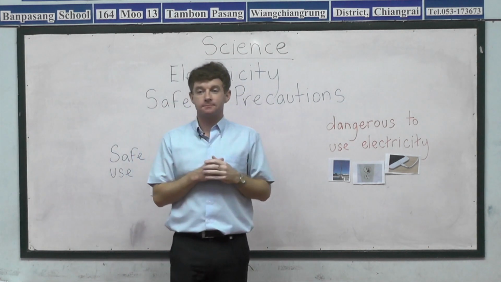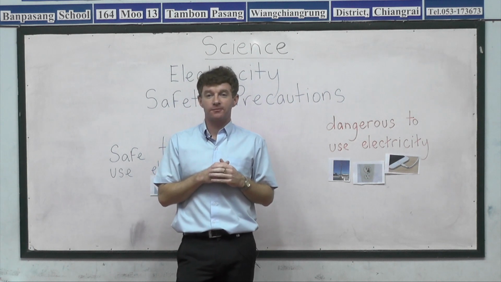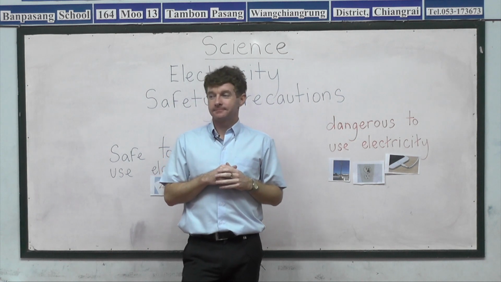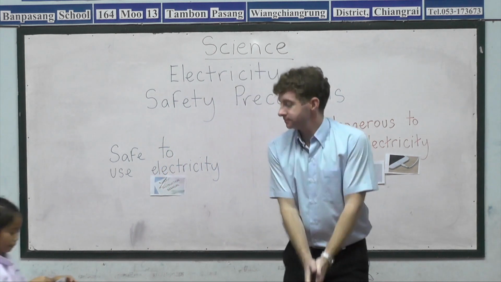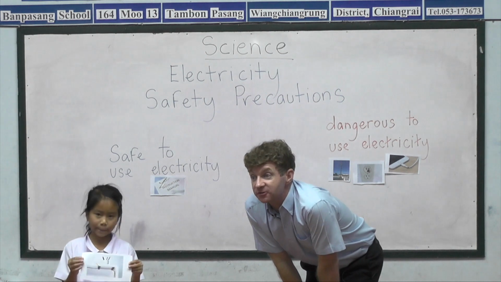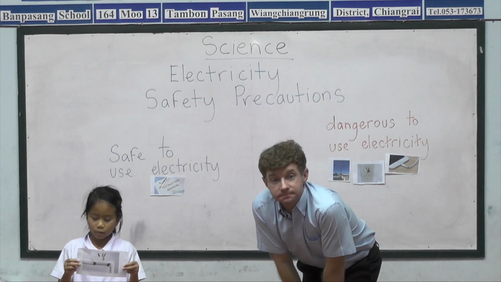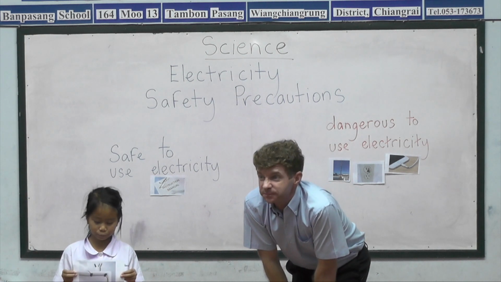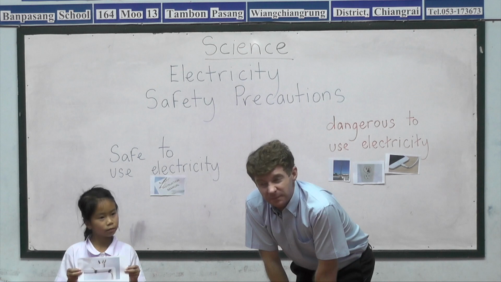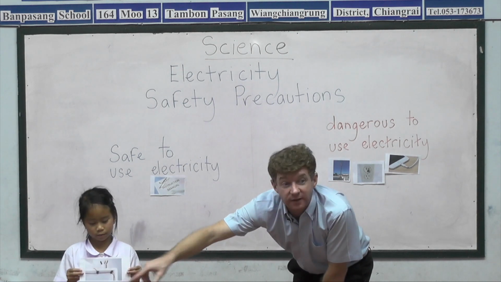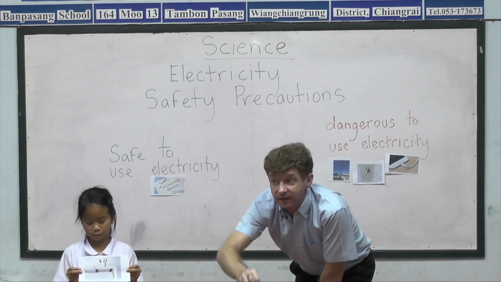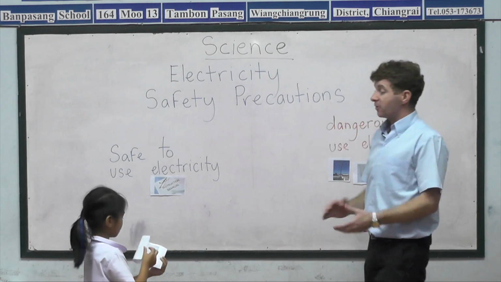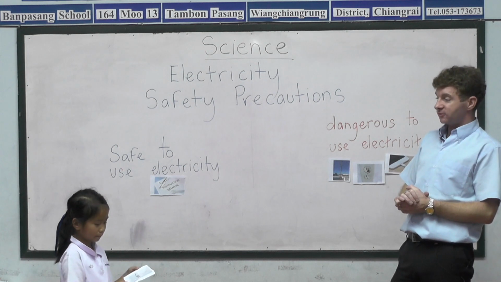Prel, come and join teacher at the front. Show your friends. What can you see in the picture? You see the electricity cables? Do they look okay? No? I think they do. They look safe. You see the way they're tidy and they're kept in the right place. Prel, what do you think? Safe or dangerous? Safe.